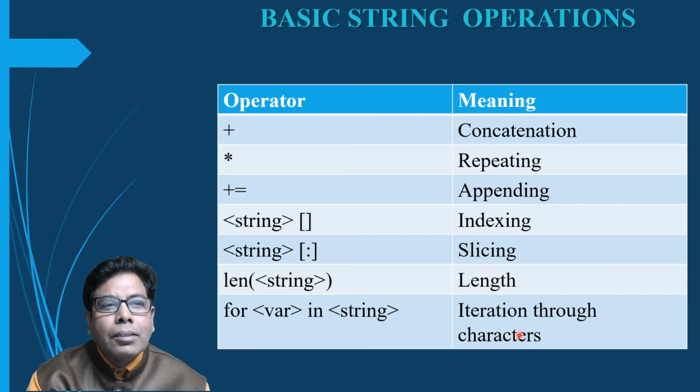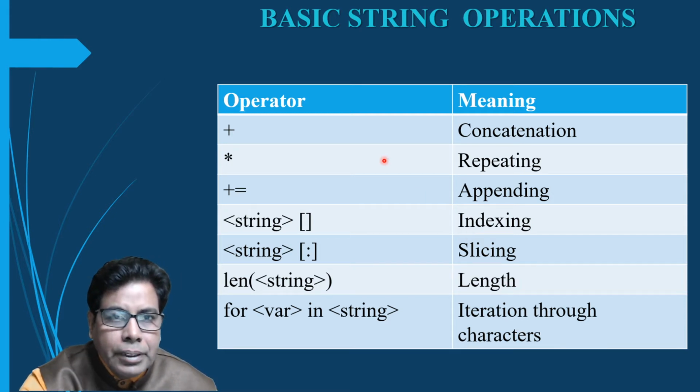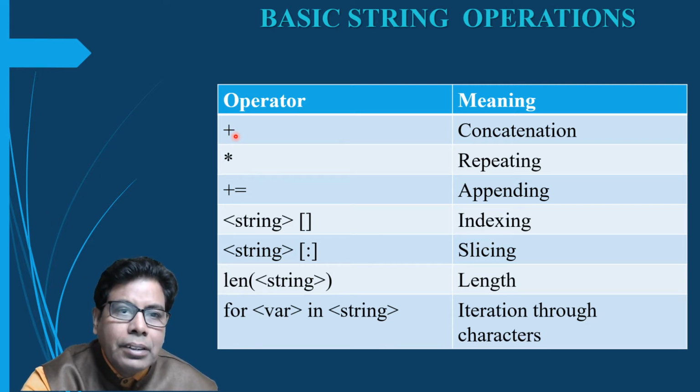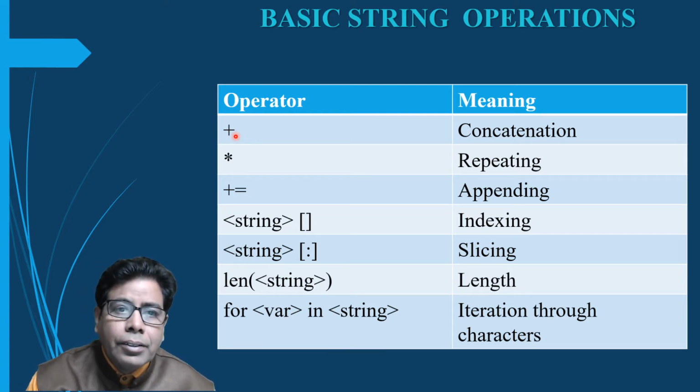Then the next is basic string operations. Here we have a table for the basic string operations, operator and operation. When we use the plus operator, it means we are doing concatenation of strings. That means two strings are concatenated with each other, so they are combined.